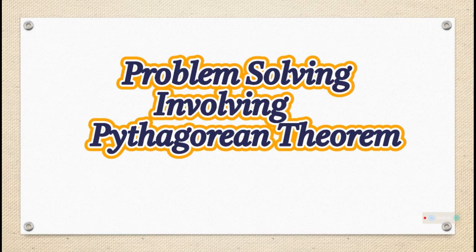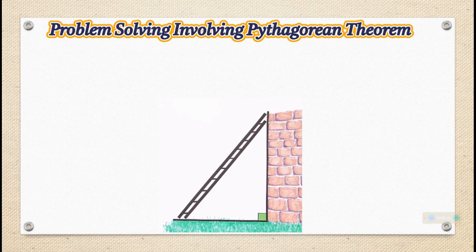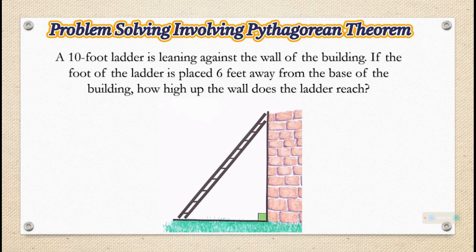Now, let us solve a problem involving Pythagorean theorem in real life. A 10-foot ladder is leaning against the wall of a building. If the foot of the ladder is placed 6 feet away from the base of the building, how high up the wall does the ladder reach?